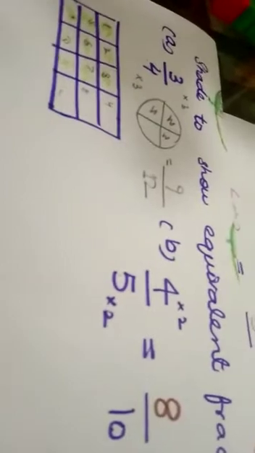Got it? So you know that here we are doing multiplication, but an equivalent fraction can also be determined by dividing, right? Whenever the word simplify comes, simplify means that you have to divide.